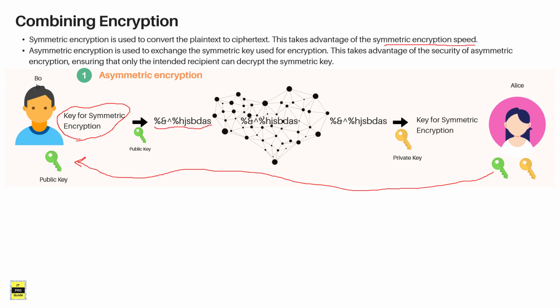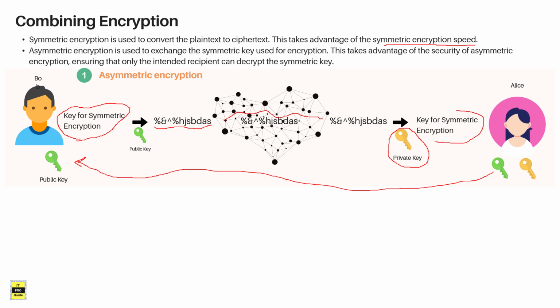The intention of this first step is to share the secret that they are going to use in symmetric encryption. So Bob encrypts the symmetric key with the public key, then sends it to Alice. Alice is the only one holding the other part of the key pair, the private key, which is used for decryption.